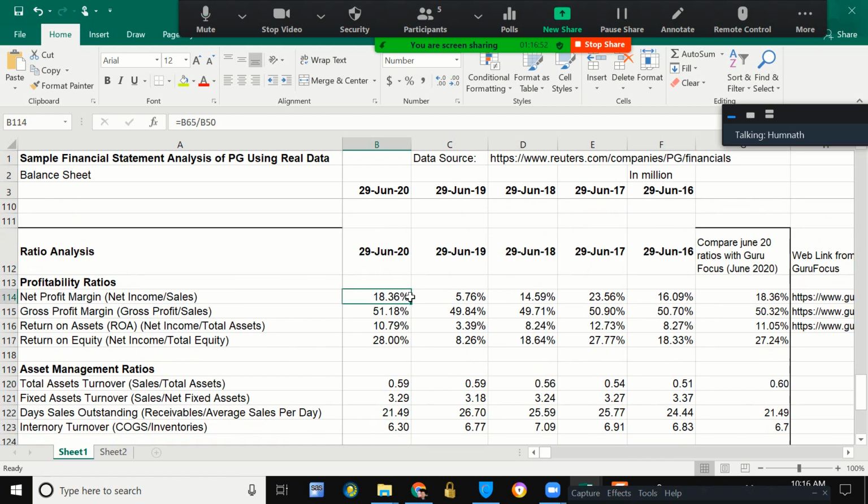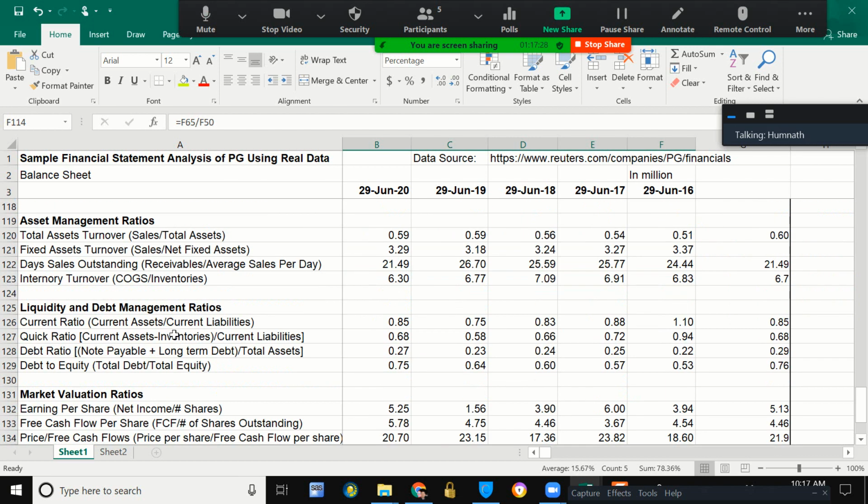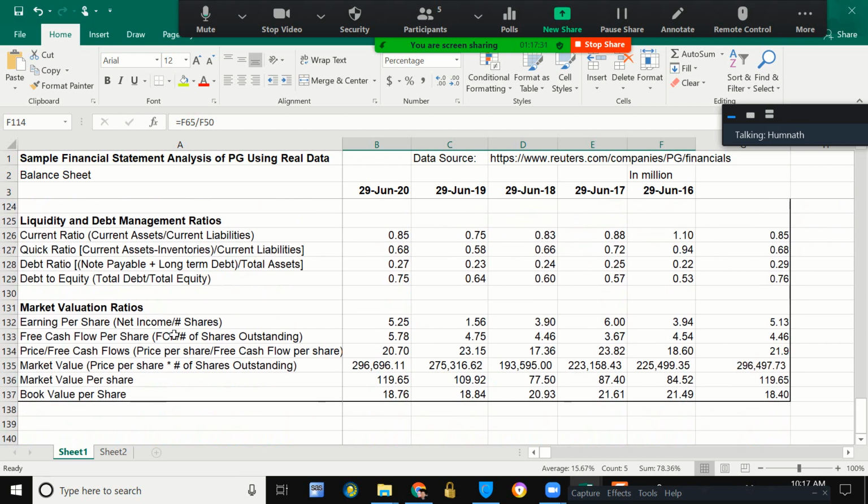When you look at this, you can see the company has done overall not bad, right? The profit in 2016 was 16%, now it's 18%, ups and downs, but overall it's going up, it's good. So you can do trend analysis, common size analysis, and other different ways to evaluate a company. I have put that information in my lecture notes. Please check that. And with this, I'm very comfortable that you can do a really good job analyzing a company's financial statement.